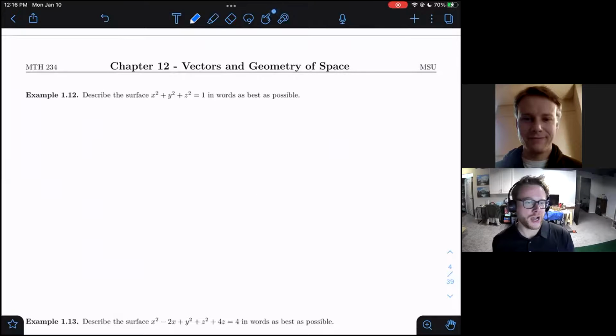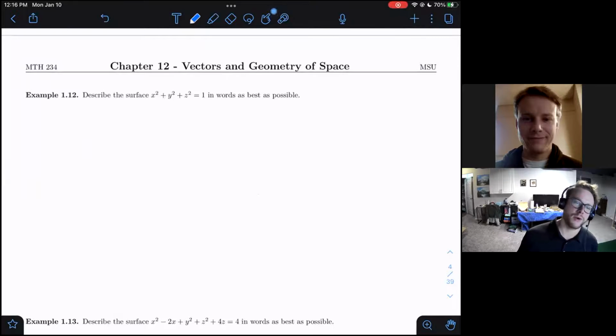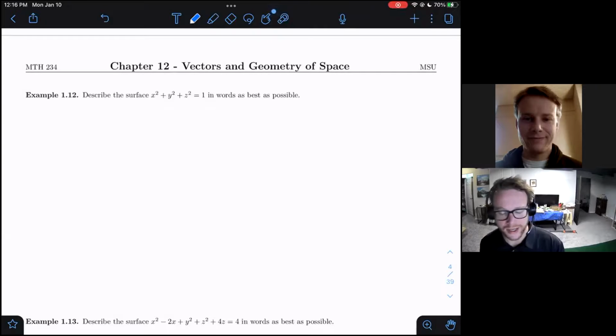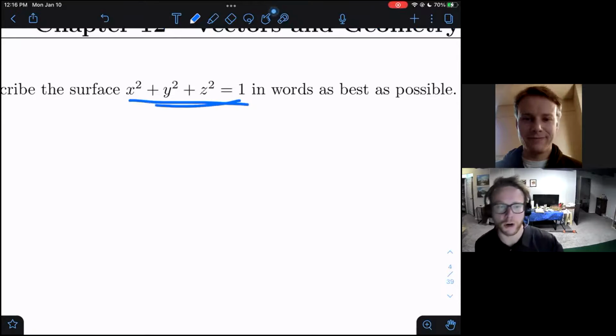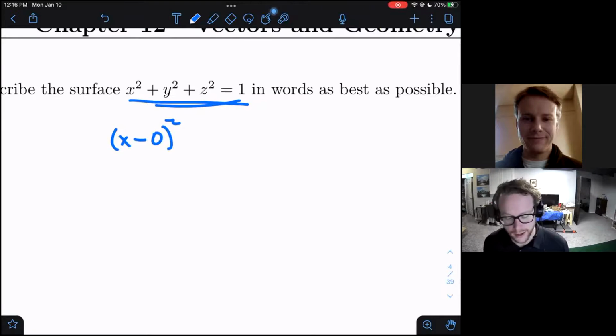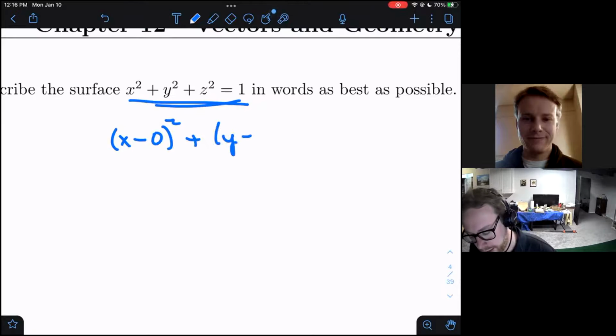Describe the surface x squared plus y squared plus z squared equals 1 in words as best as possible. We've played this game a couple times now. Of course, we can see on the format, we're not going to try to solve this for z equals or y equals or anything like this. We notice that this is the standard form for a sphere. In this case, if we wanted to be very particular, we could write x minus 0 squared instead of x squared, and you could write y minus 0 quantity squared, and z minus 0 quantity squared.